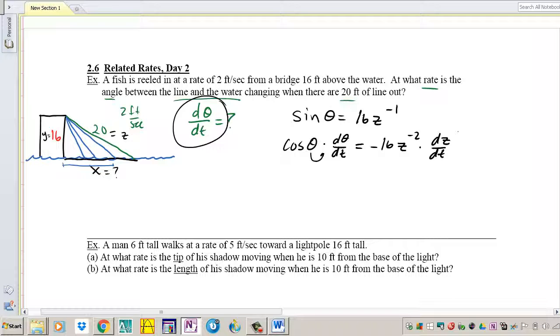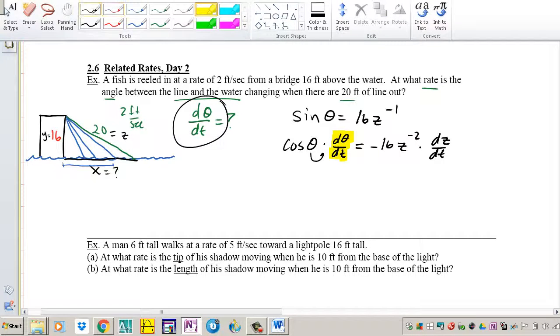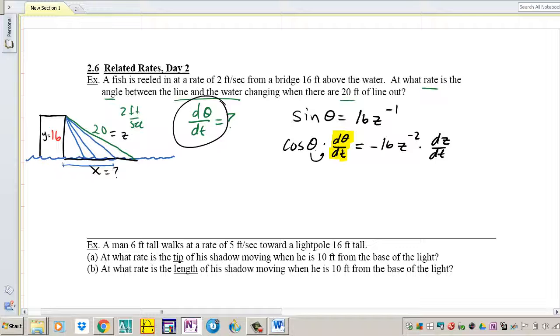Okay, and I'm interested in finding d theta dt. So here's what we need to do. I need to get rid of the cosine that's being multiplied to the theta. So I'm going to divide both sides by cosine, or I can multiply both sides by the reciprocal of cosine, which is secant.